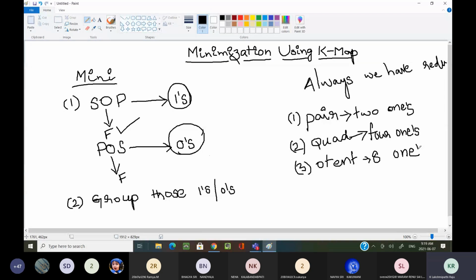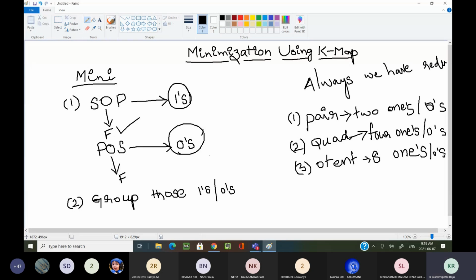All that I am writing here is for ones, but the same you can apply for zeros also. If it is a POS expression, you can group zeros. Ones or zeros.